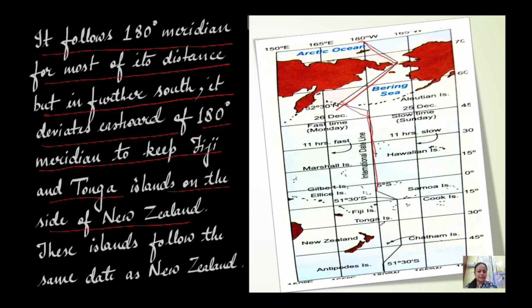But as it reaches south, it again deviates to keep Fiji and Tonga Islands along with New Zealand, so that they follow the same date, they remain on one side of the line. These islands follow the same date as New Zealand. So these islands are Fiji and Tonga. They follow the same date as New Zealand.